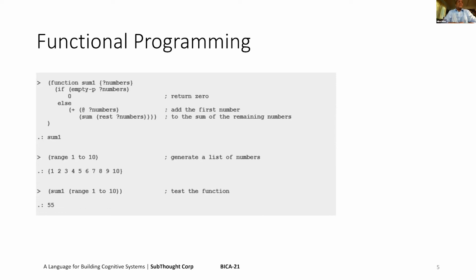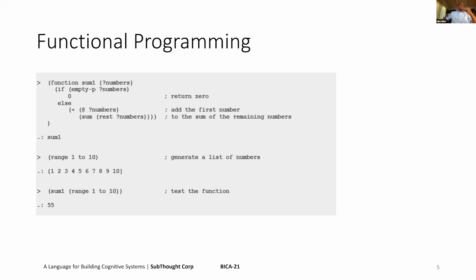A functional programming example would use recursion and take a list. Here we define a function called sum1. We take a list of numbers and we detect if the list is empty, return 0. Otherwise, we add the first number. So @ is used to take the first item, similar to car in Lisp, plus the sum of the rest of the numbers.